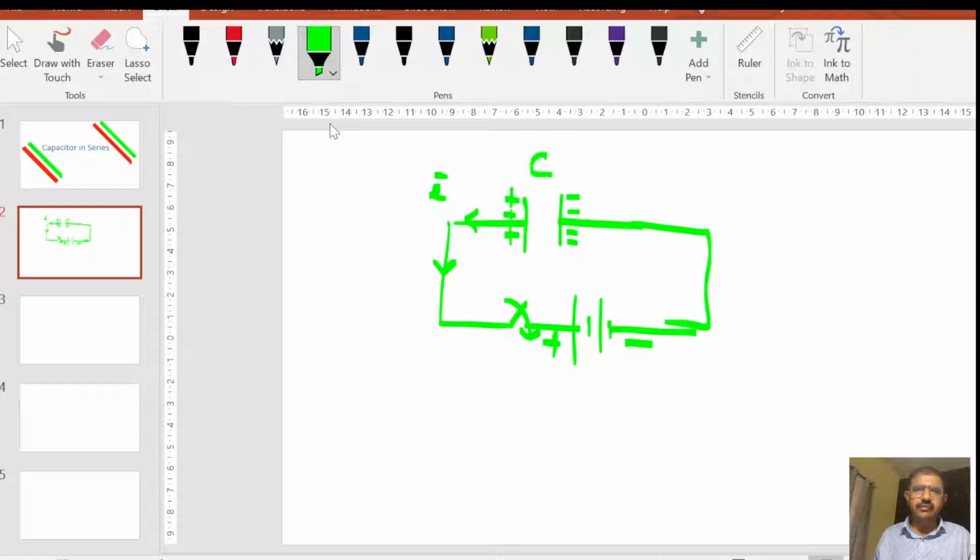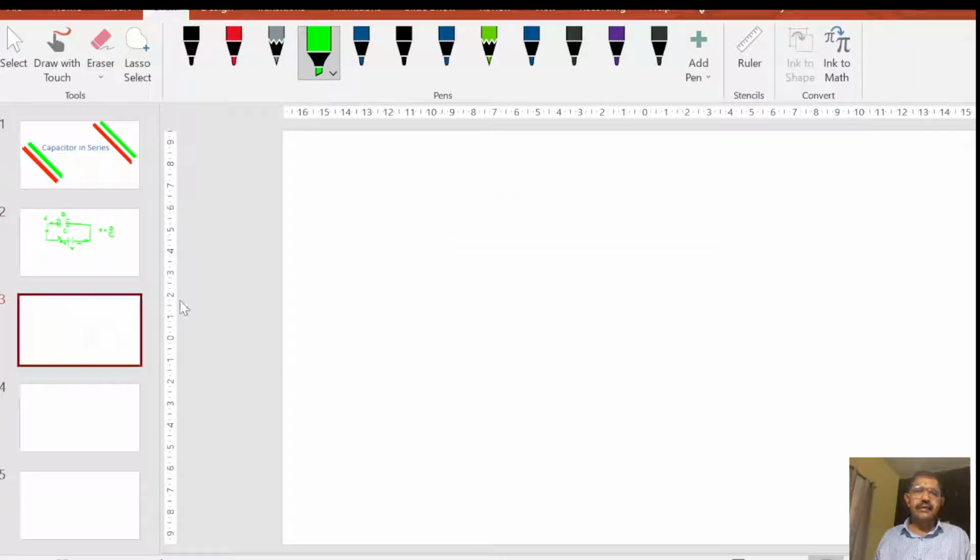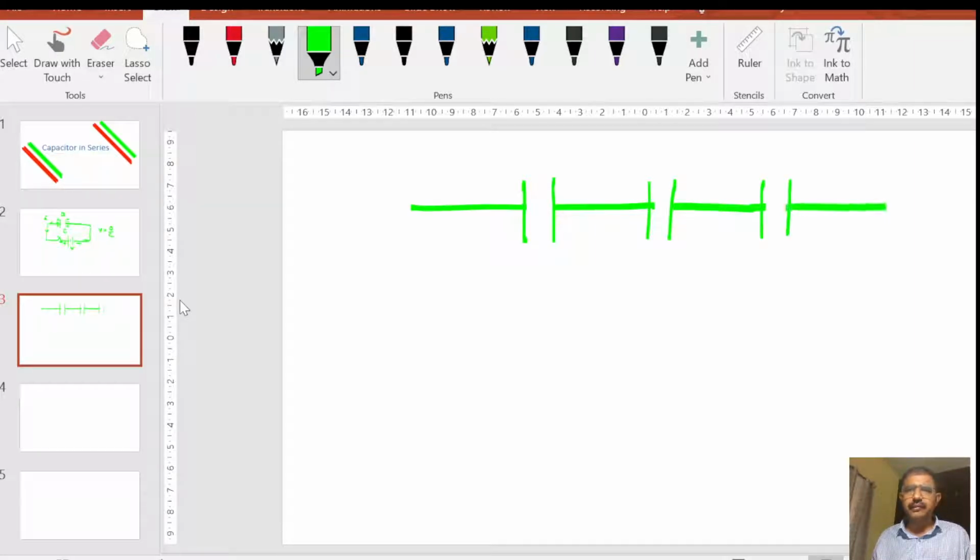Suppose the charge on this capacitor now becomes Q, the capacitance of this capacitor is C, and the voltage is V. The relation you are familiar with is V equals Q by C. Now I take the case of three capacitors connected in series. Suppose this is my capacitor A, this is capacitor B, and this is capacitor C. I have taken parallel plate capacitors here.